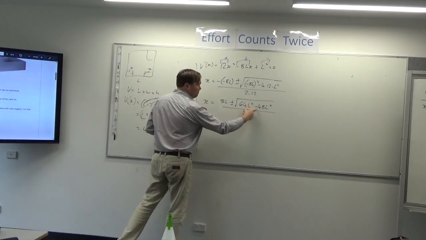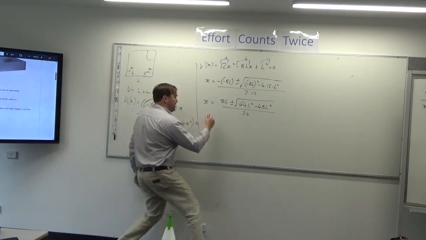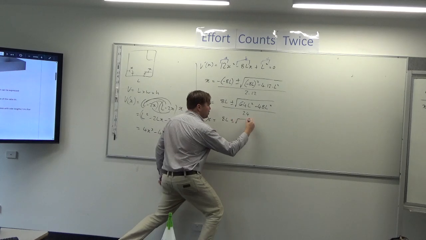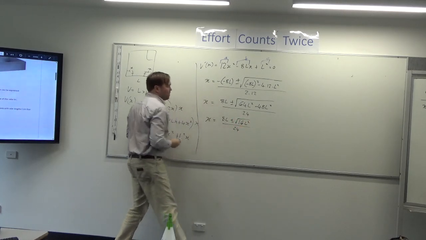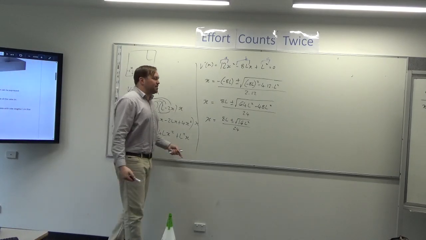Now, conveniently, these guys are alike. They both have an L squared, so let's simplify in there. x equals 8L plus or minus the square root of 16L squared on 24. 64 take 48 is 16.